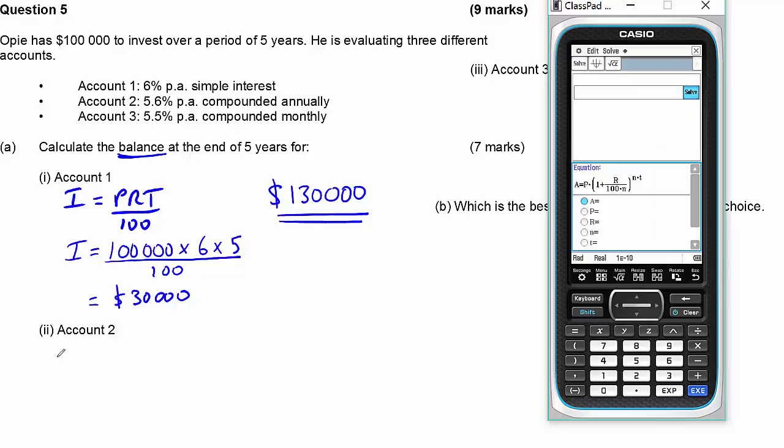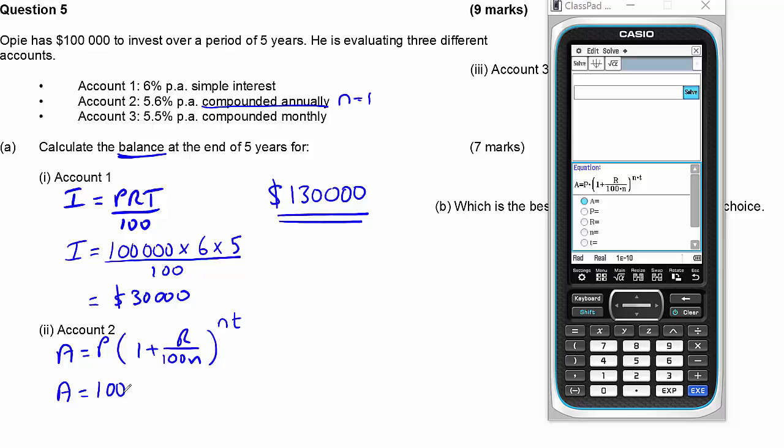So my formula is A is P (1 plus R over 100)^N, you might have a version without 100, that's not a problem, just use R as a decimal, to the power of N multiplied by T. Now this one is compounded annually, telling me that N is equal to 1.